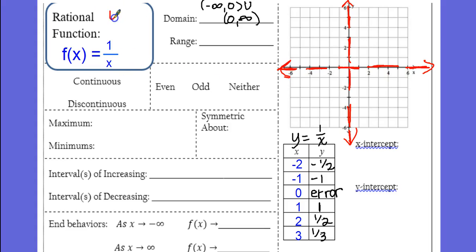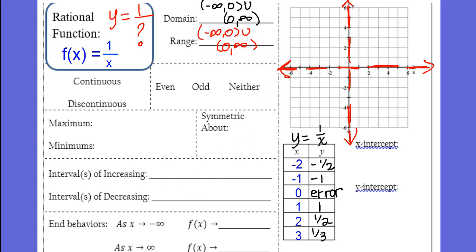And in another way, can I ever take 1 and divide it by some number and make it equal 0? 1 divided by something is always something that's not 0. So our range is also a union that's non-inclusive of 0.